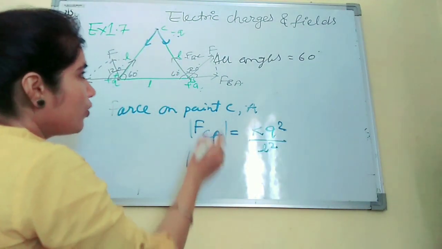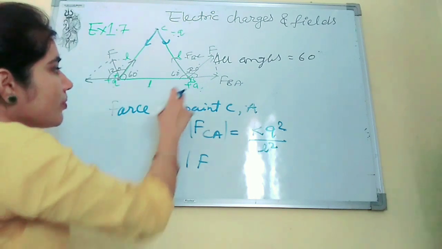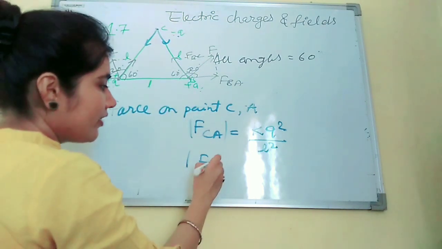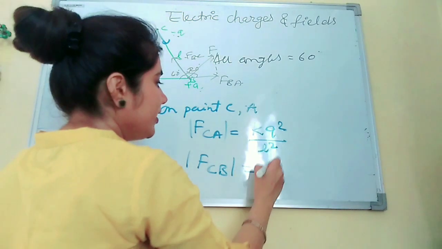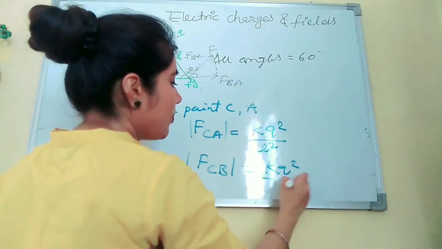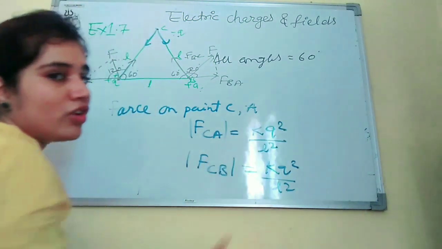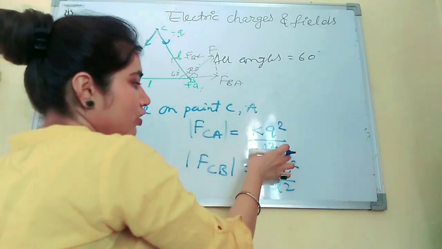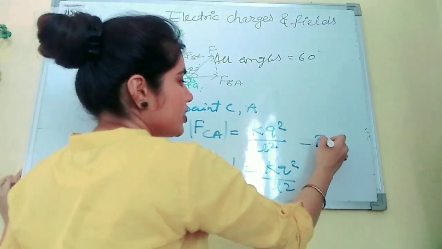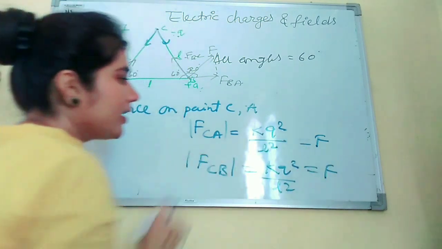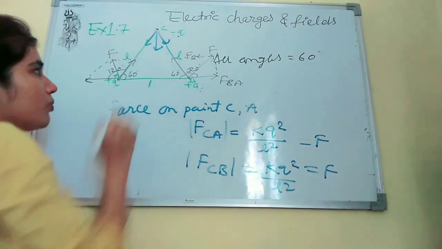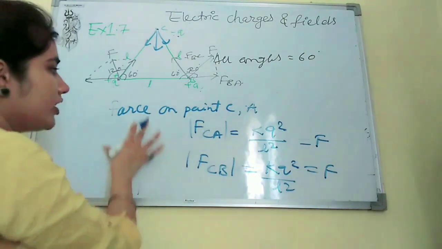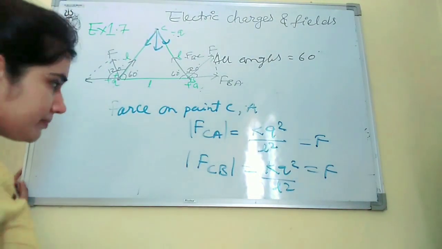Again the force because of point B, that will be FCB, and it will again be KQ square upon L square, which we have already marked. The value of this we assumed F, so again it will be F. Now we will take the resultant of both forces to find the net force on point C.